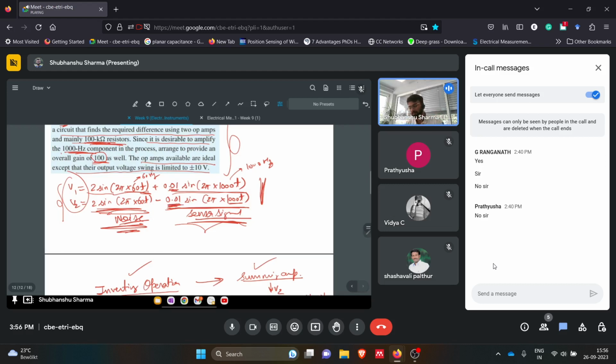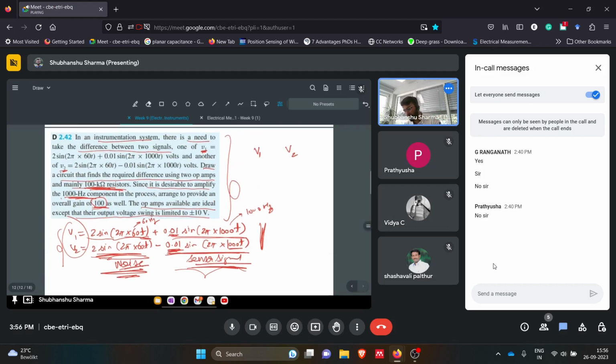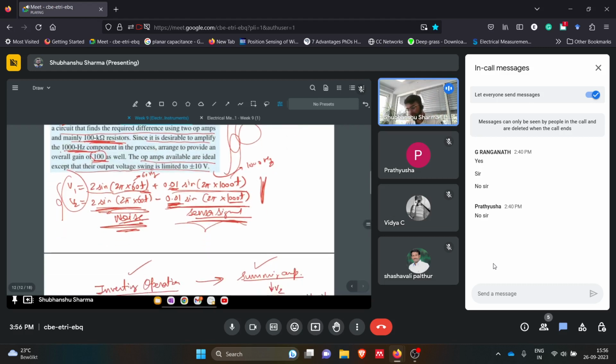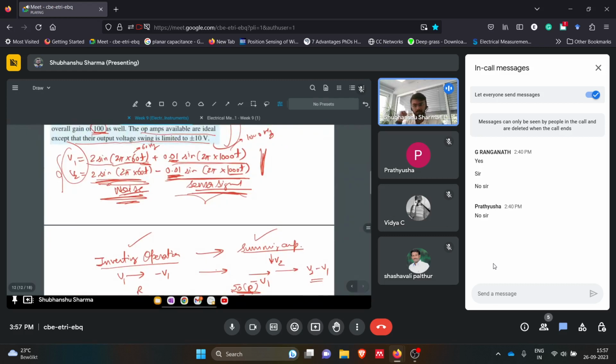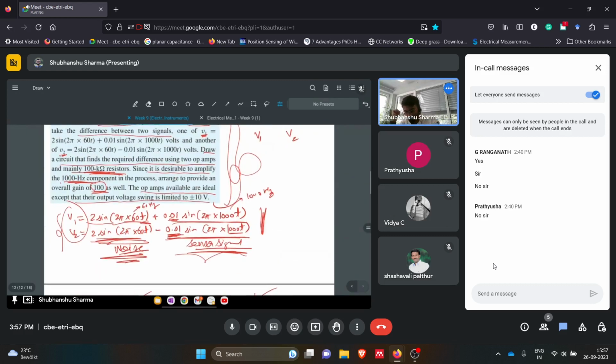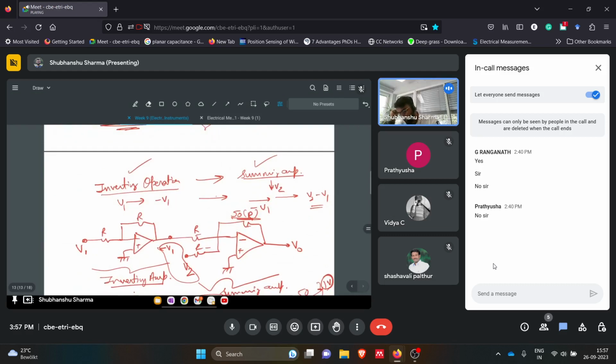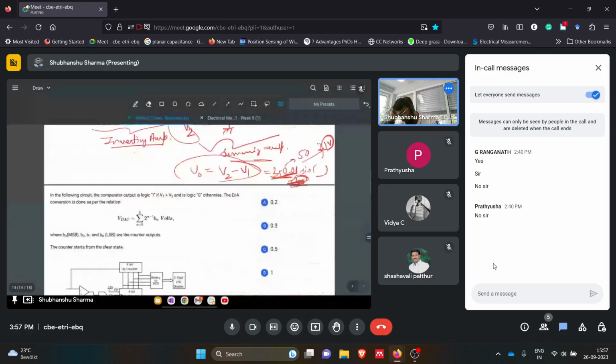So we did three things from this design. I think you will appreciate the use of these operational amplifiers. We saw the use of a current source, we saw the use of a voltage source from op amps. Then we removed the noise and at the same time amplified the sensor signals. So these are some of the applications of op amps.